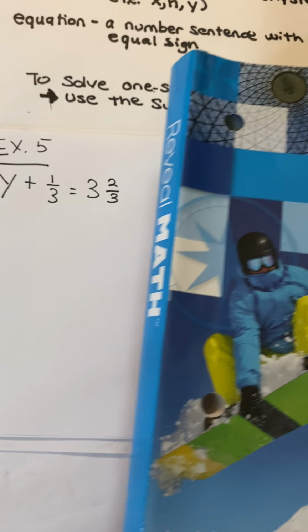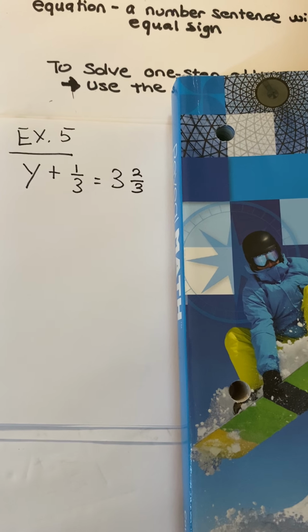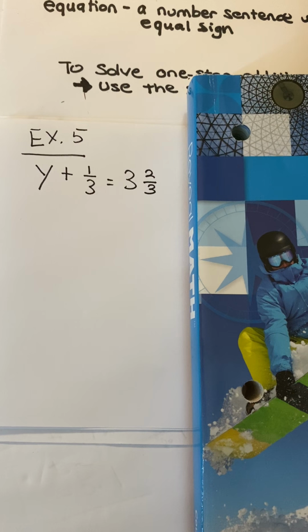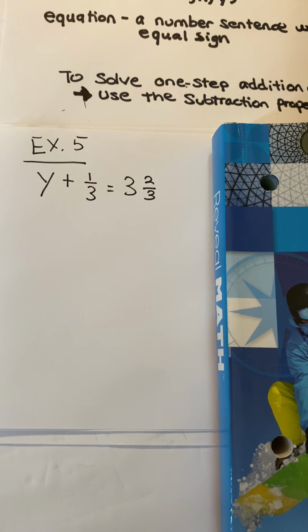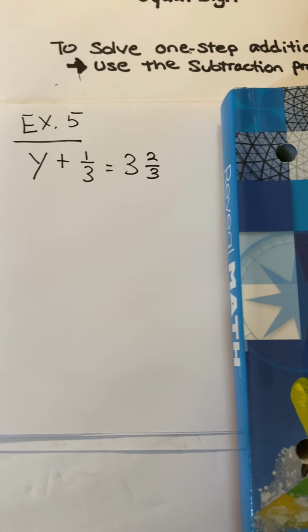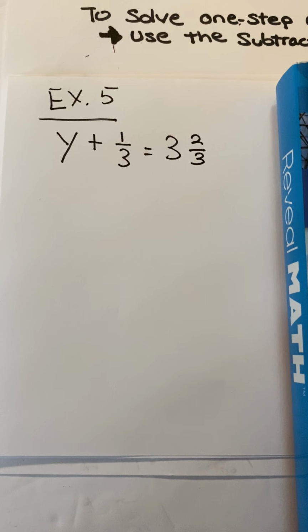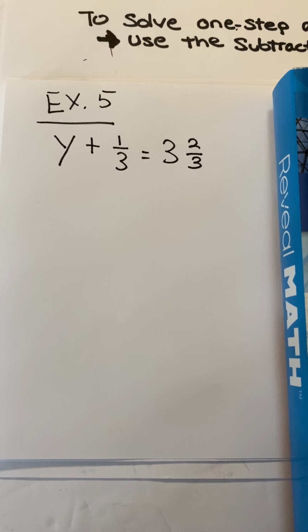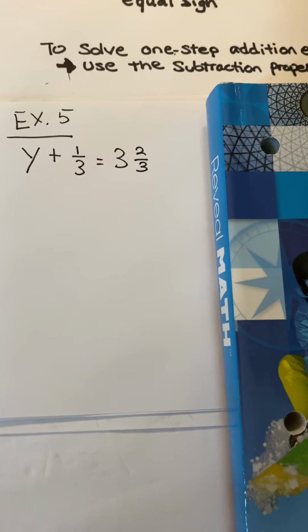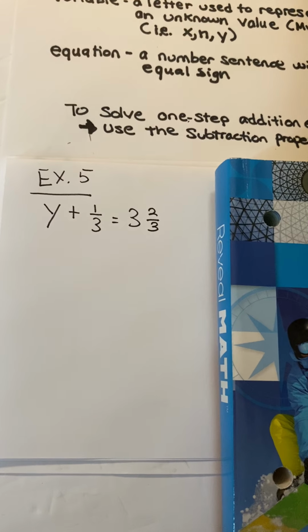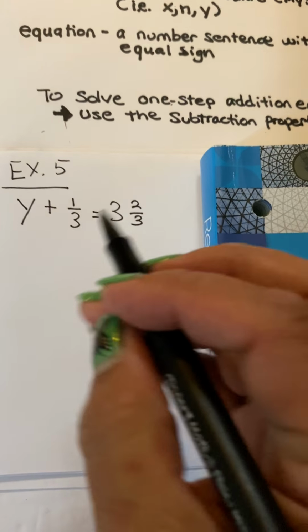All right, now we have two examples today. Let's look at example number 5. Looking at number 5, we have the variable y plus 1/3 equals 3 2/3. And if you look at that, we know that we have to isolate the variable y by itself.